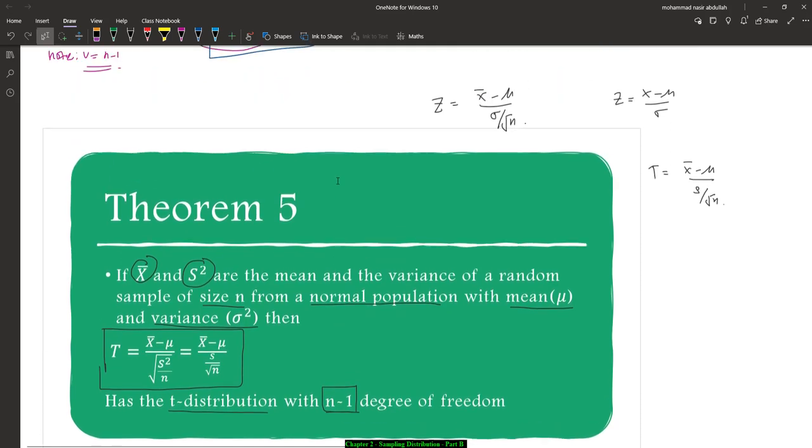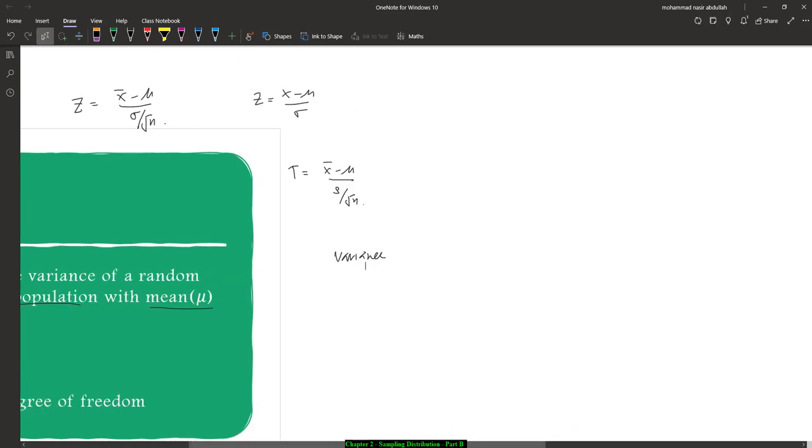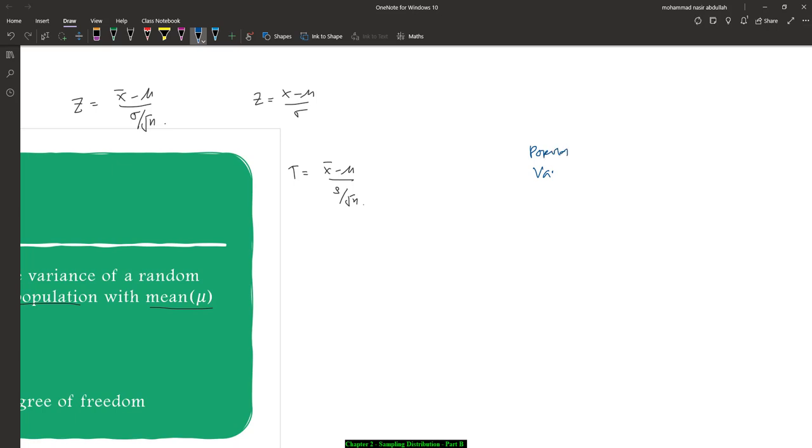So when to use t distribution and when to use z distribution? So it is based on the known and unknown variance. So this is a common, this is a standard what we call rule. If you look at most of the statistical books, it will say that population variance can be divided into two parts.